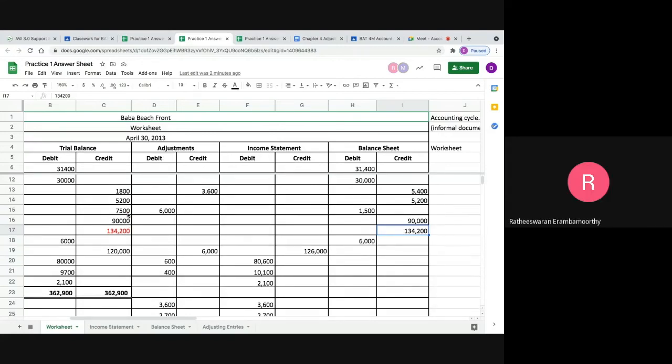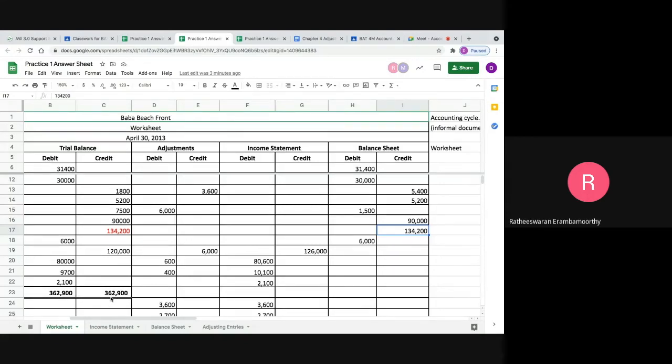In the trial balance, 362,900 is the debit side, correct. And going to the credit side, the credit total is 108,700 plus 120,000, added, 228,700.